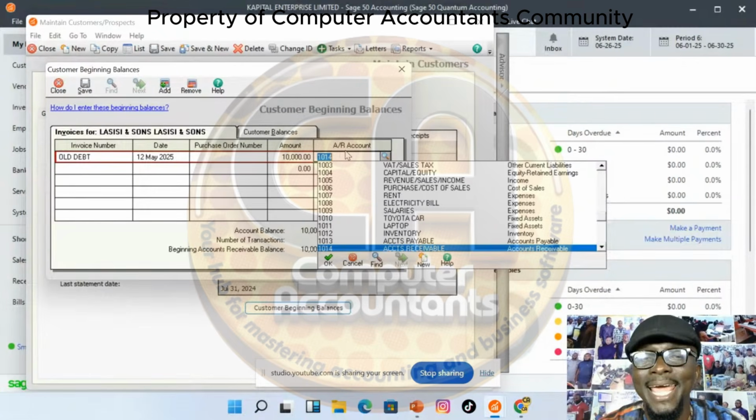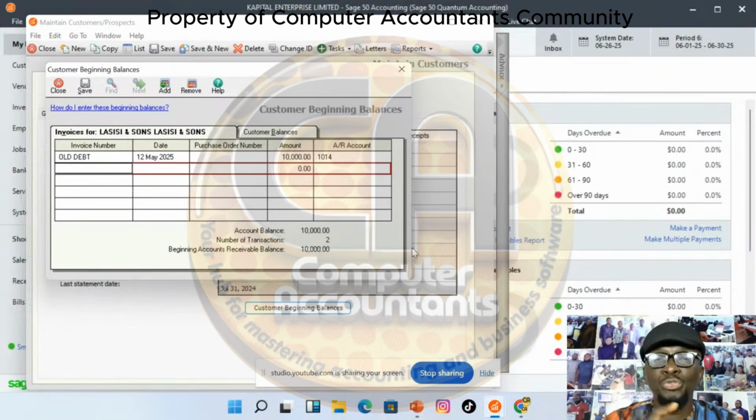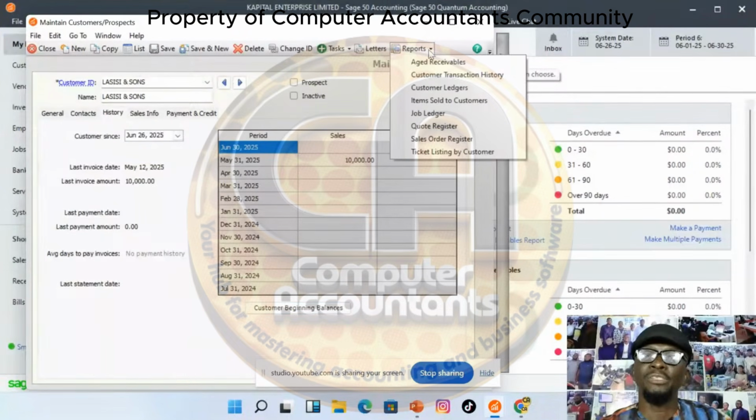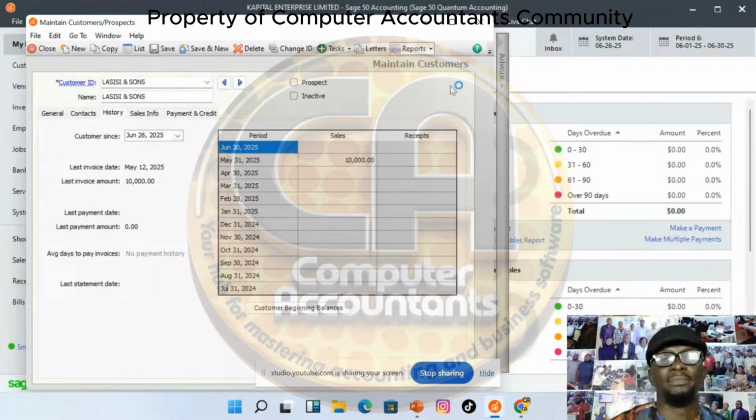Now I'm going to show you the report. Let's save this. Click save. So it has entered. Look at it here. It has registered. Then exit. Look at that money showing. You can see the money showing now. Now let's quickly look at his report from here. Reports and customer ledger.